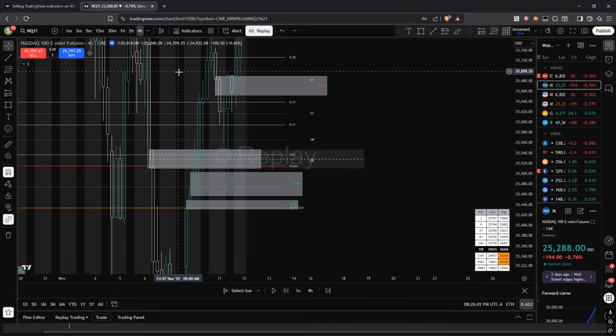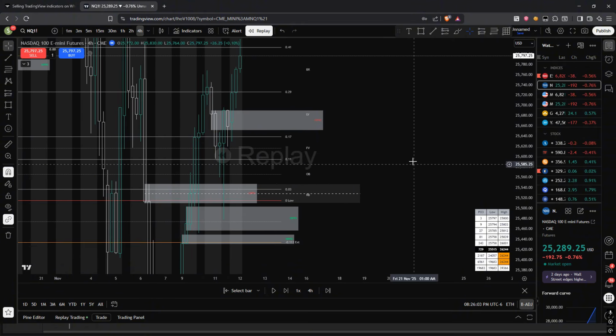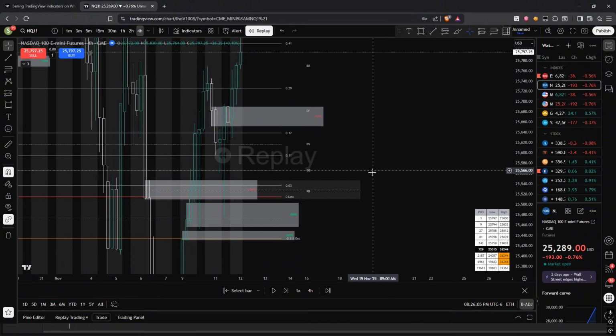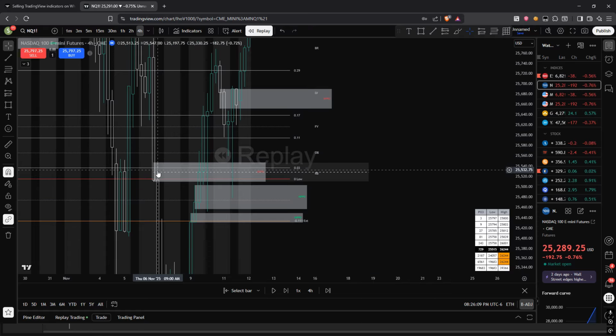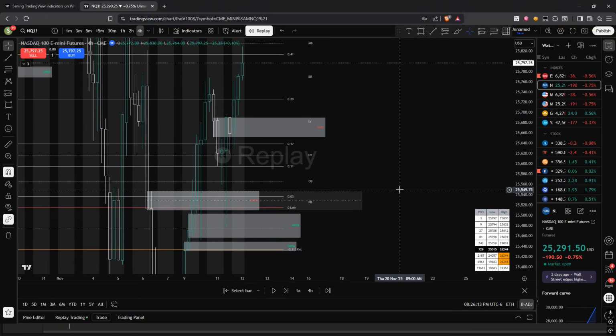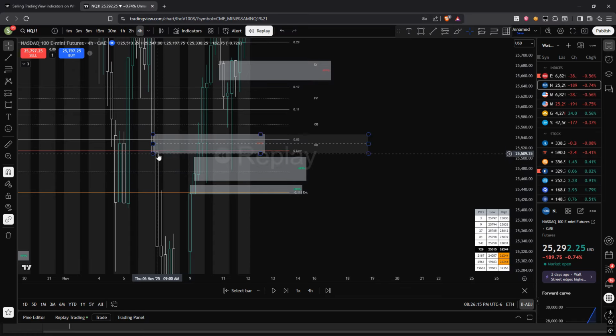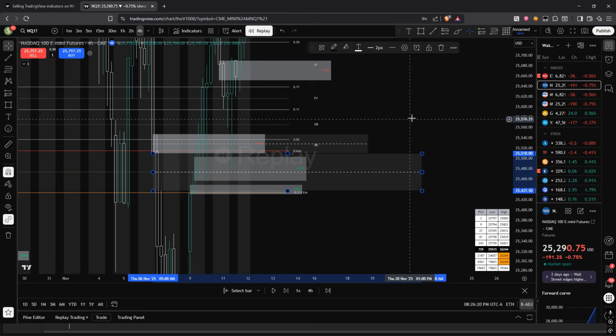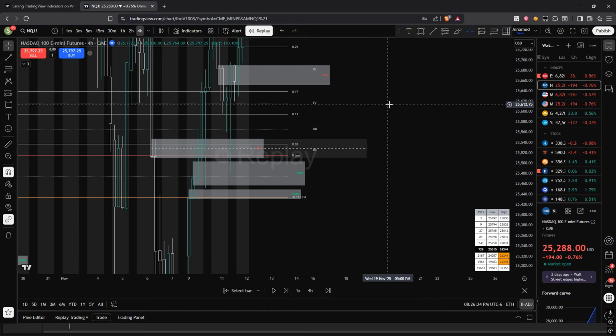So two wicks of two consecutive candles. If you want to mark out a bearish Hippo block, you have to have two bearish candles, and those candles have to form a fair value gap. That's the most important step. It has to form a fair value gap for it to properly be a Hippo block.